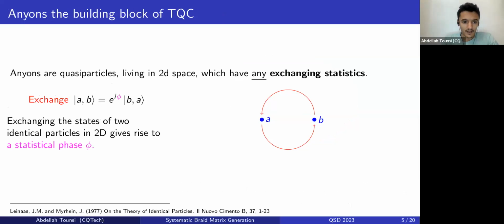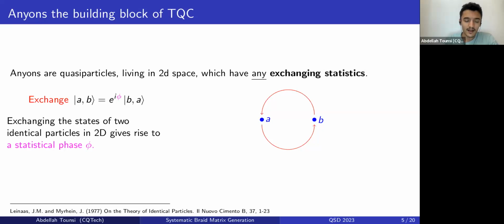As we see here, in 1977, Leinaas and Myrheim proved that such an exchange process can produce a statistical phase factor, which is the phase phi here. This can happen in two-dimensional space, so anyons live in two-dimensional space.